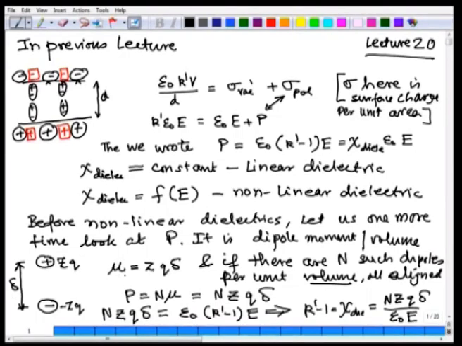By the way, this dipole moment is a vector quantity, it has a direction. I am just writing it as a scalar, but polarization and electric field are all really vector quantities.